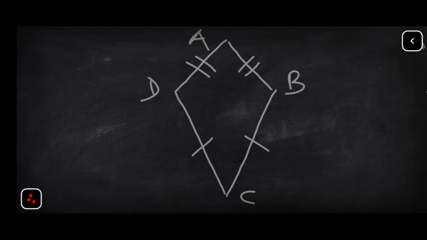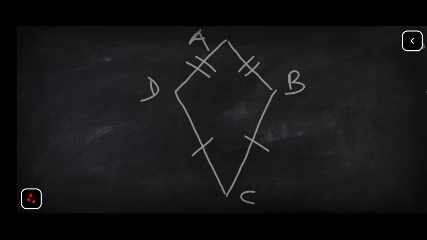So AD is equal to AB and DC is equal to BC. So this will be a quadrilateral which is called a kite.